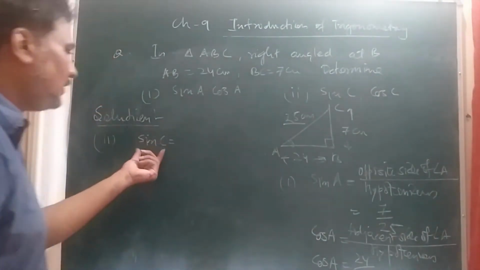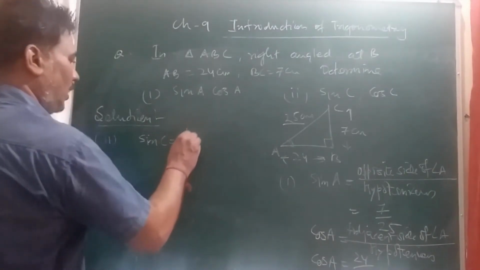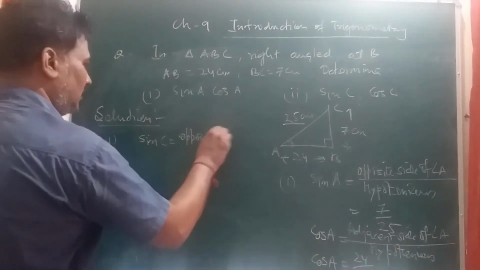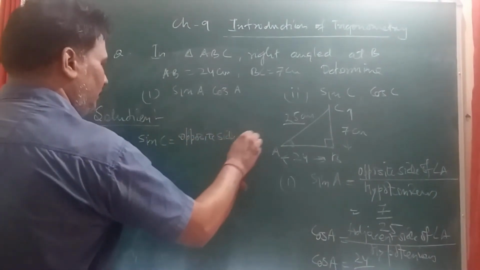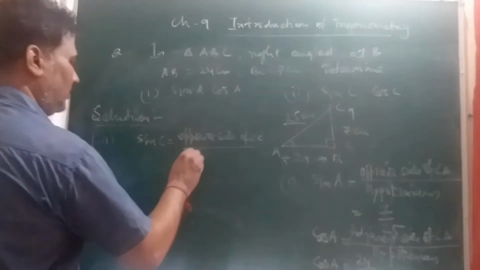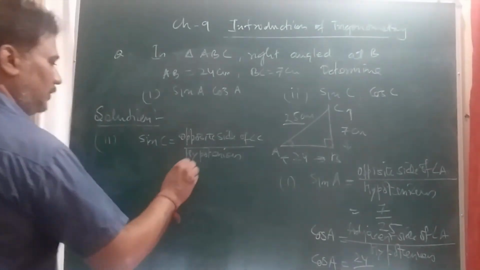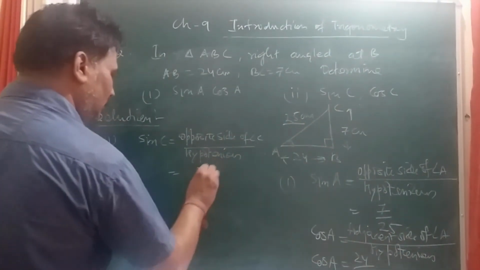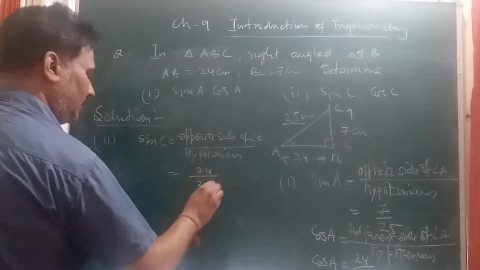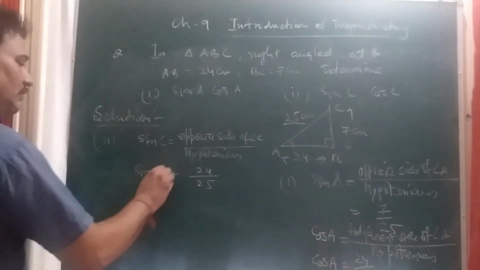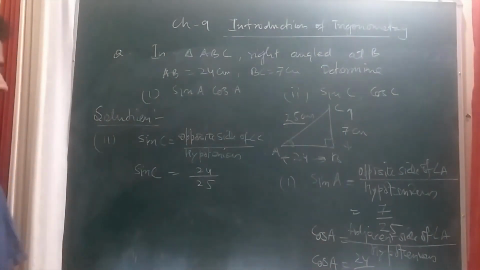So the formula is sin C is equal to opposite side of angle C upon hypotenuse. It means 24 and hypotenuse is 25. So the value of sin C is 24 upon 25.